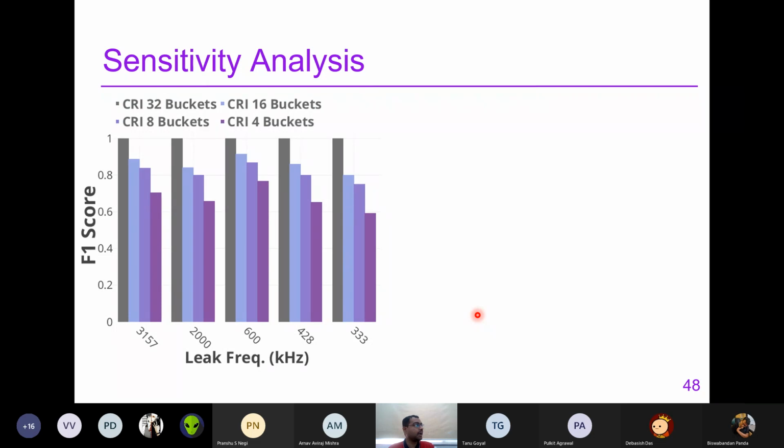So they assign a finite number like 4, 8, 16, 32, and do some hash mapping based on the cache set index and tag, so one cache line is mapped to one counter. As they increase the number of buckets, the F1 score is very high, but as they decrease it, the algorithm doesn't perform so well. But we cannot keep increasing the number of buckets, as it increases the hardware overhead.